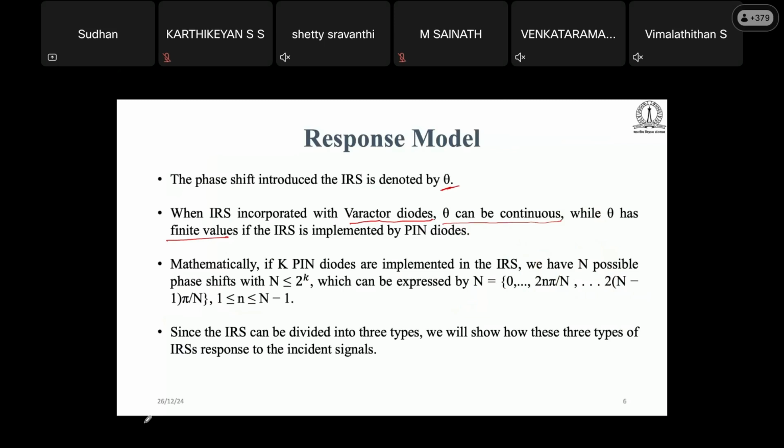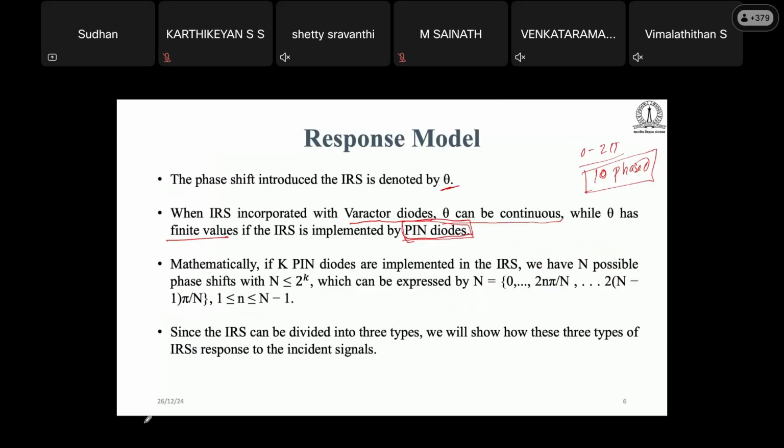In the case of finite values, it should have PIN diodes. So finite value means, let's say 0 to 2 pi, and I can give 10 phases. Then I need PIN diodes.